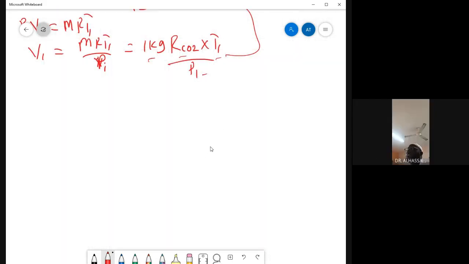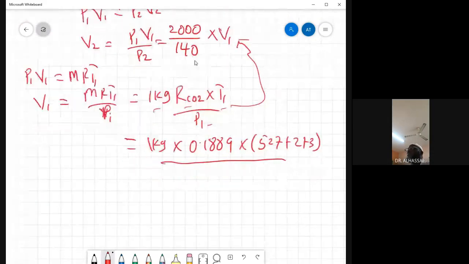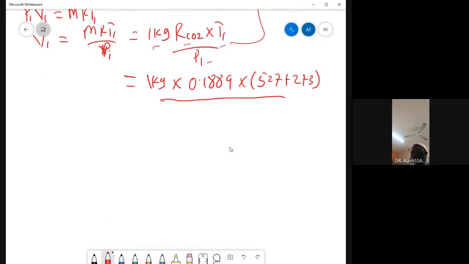0.1889. So 1 kilogram times 0.1889, times 527 plus 273. So how much is this? Divided by P1. P1 is 22,000.